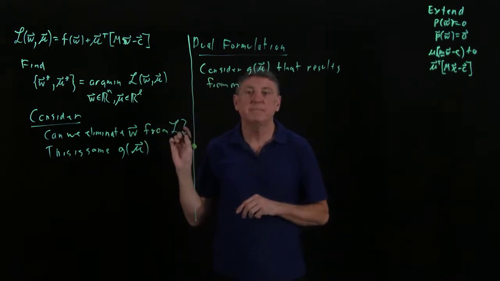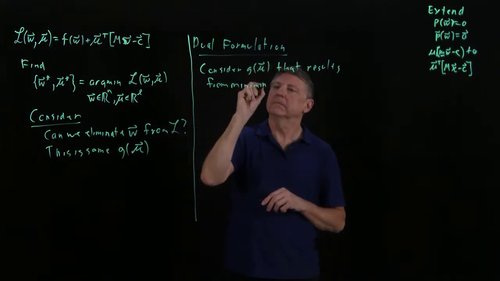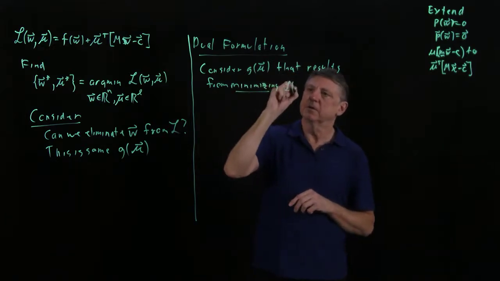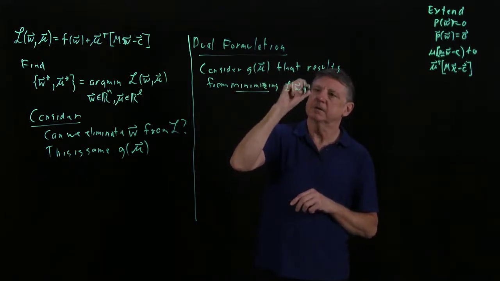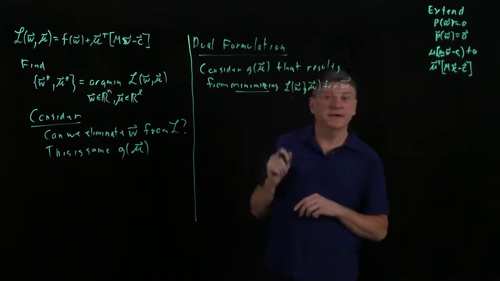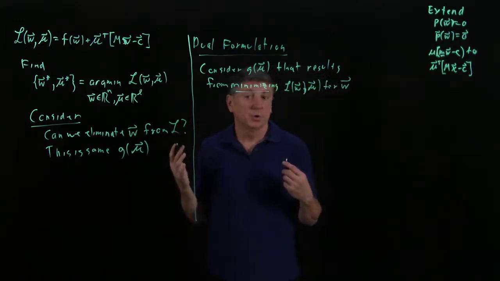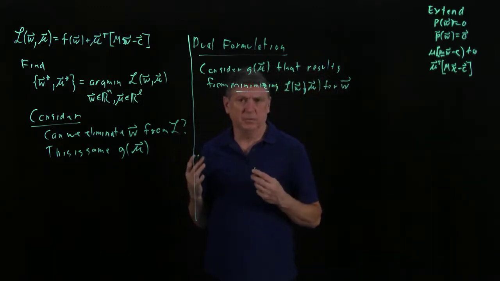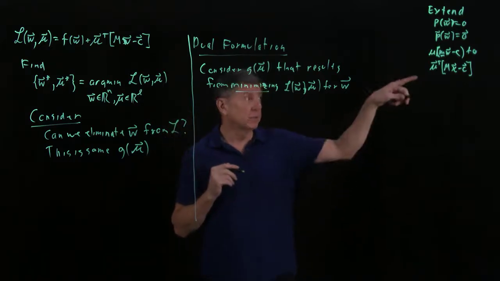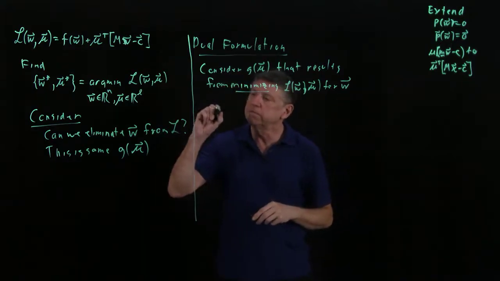Well, let's try minimizing it, from minimizing the Lagrange function for the vector argument. Does this work in general? It's not clear that it would work in general, but it sure works for this kind of constraint that we have. It works for these linear equality constraints. So we'll define this.